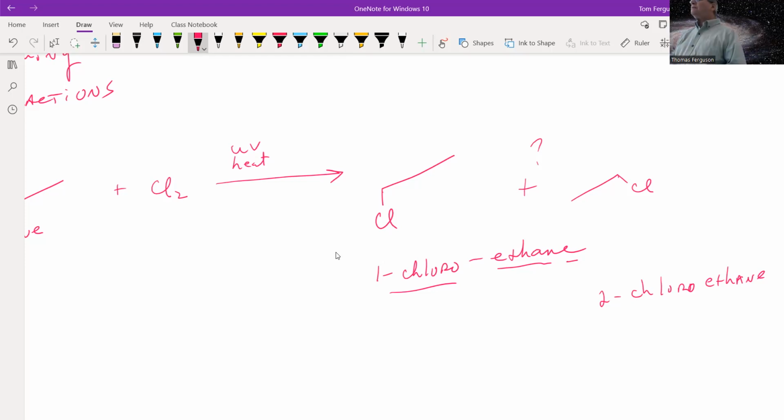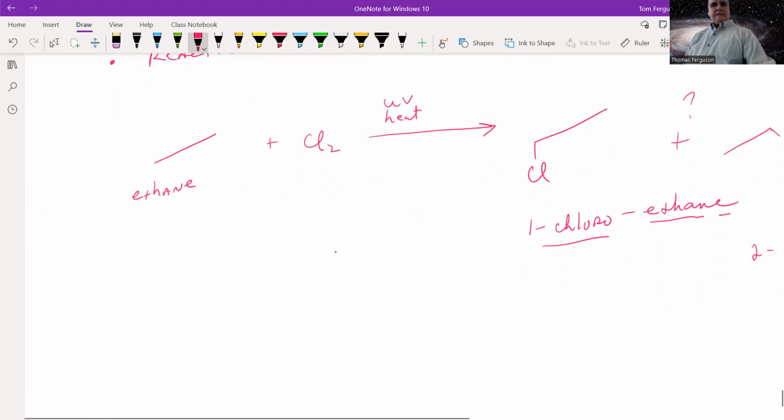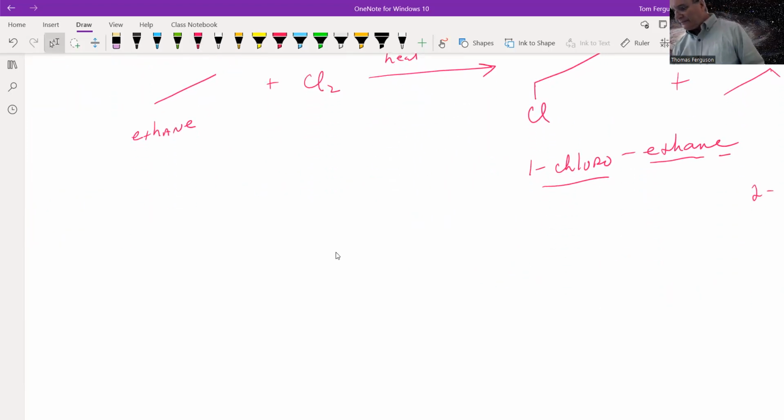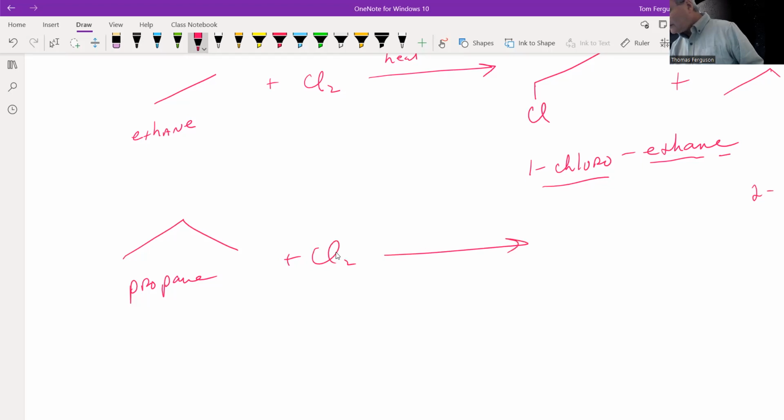If you have more than 2 carbons, you will get a mixture, like we mentioned before. So let's do that one again. Start with propane, chlorine gas, heat and UV. Now we're going to get a mixture again, because it's more than 2 carbons.